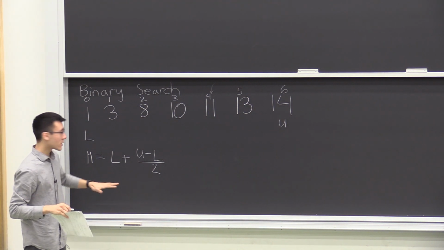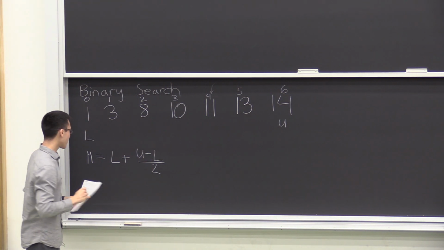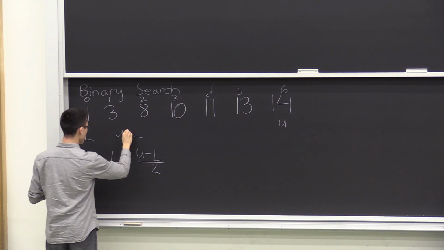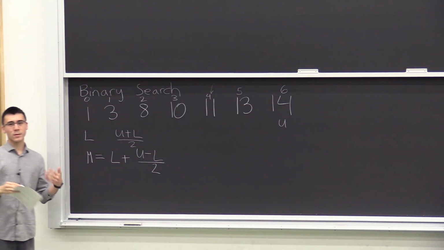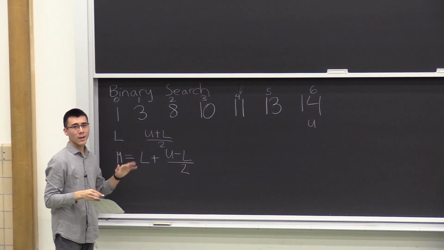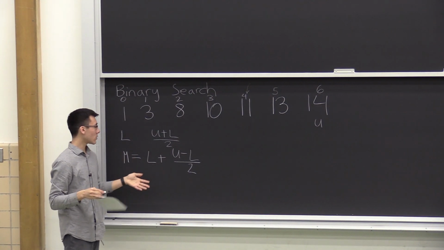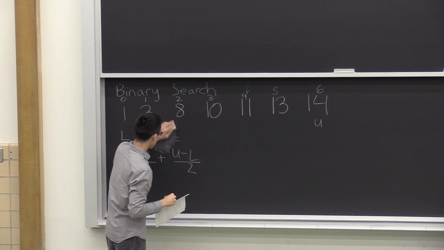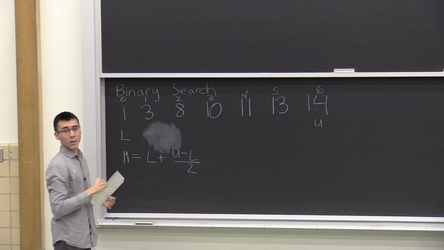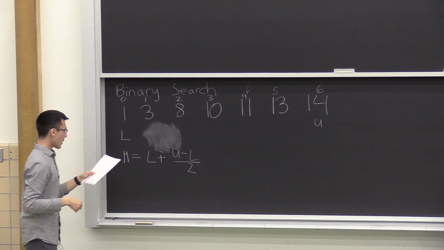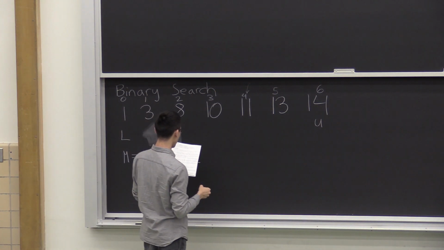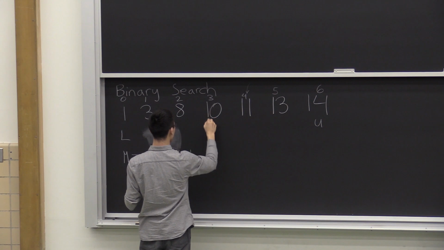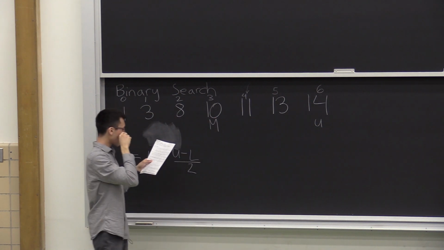Remember, the reason I'm doing it this way instead of something simpler like u plus L over 2 is that when you're programming, you want to avoid any possibility that we might run into overflow. So L plus (u minus L) over 2 is the mid. When we find that, we should get 3. So m should be equal to 3 over here.